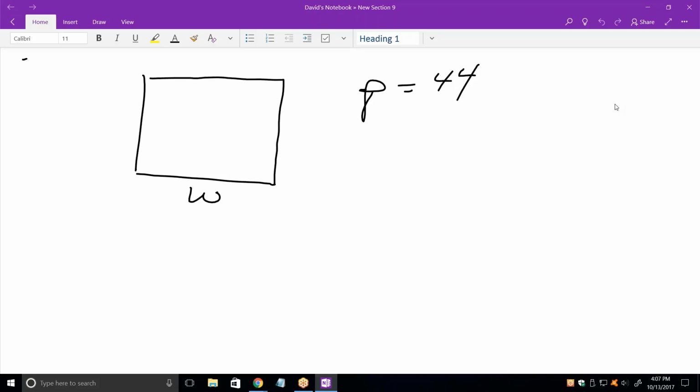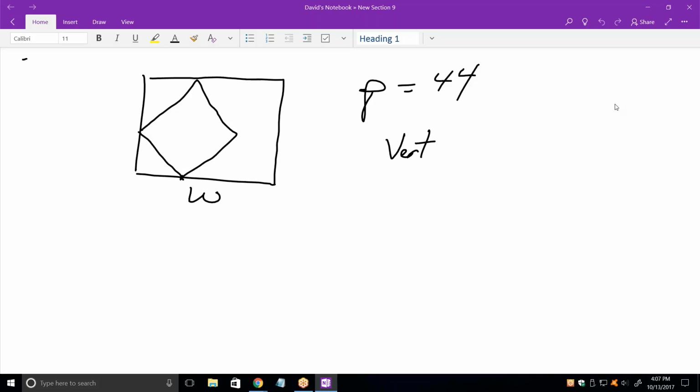Yep. Well, that means the rhombus must be like that. Yeah, pretty much. Okay, go ahead. And then it says the vertex of the rhombus is a midpoint of each side of the rectangle. Express the area of the rhombus as a function of the rectangle's width.